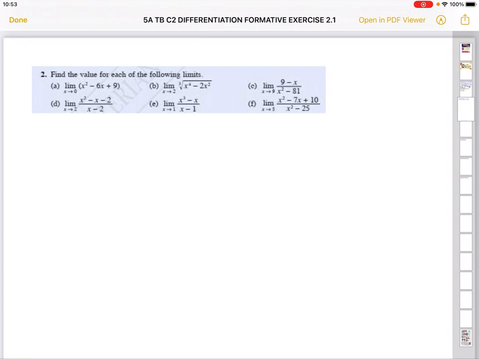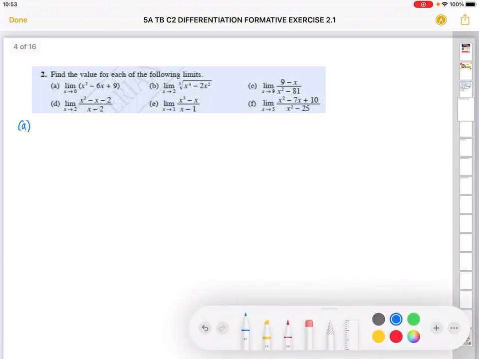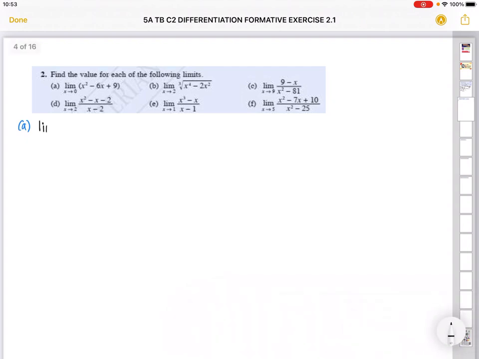Some limit questions are quite straightforward where we can actually substitute directly, like A. For part A, limit of x approaching 0 of x squared minus 6x plus 9, we can just substitute inside. If you put 0 inside, what do you get? You just get 9.